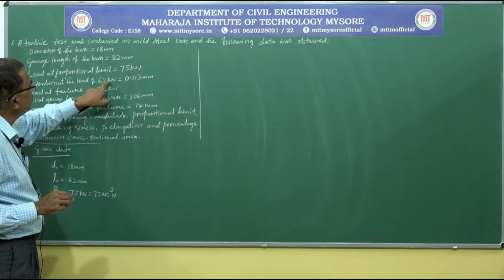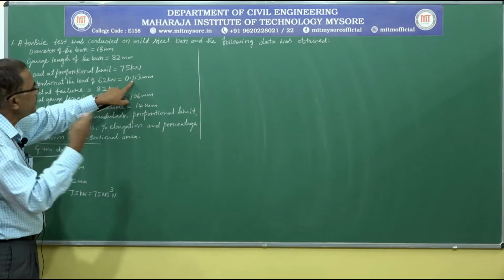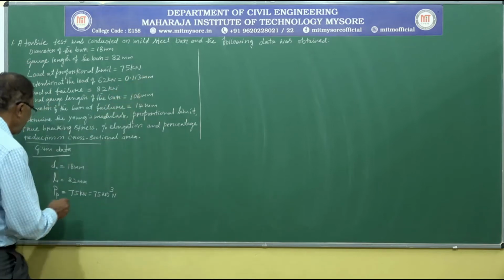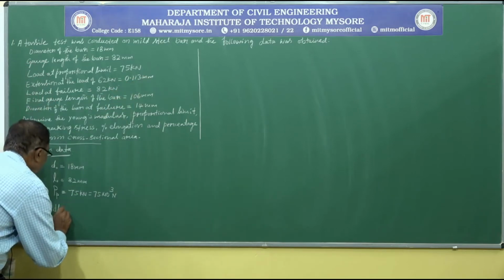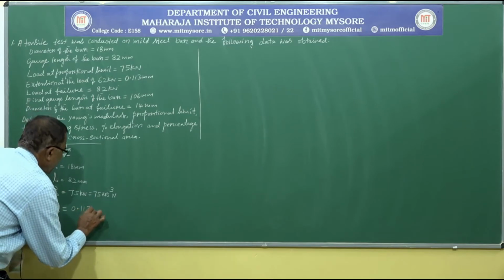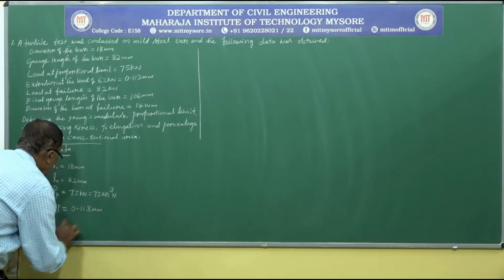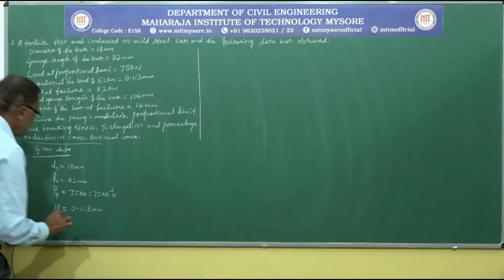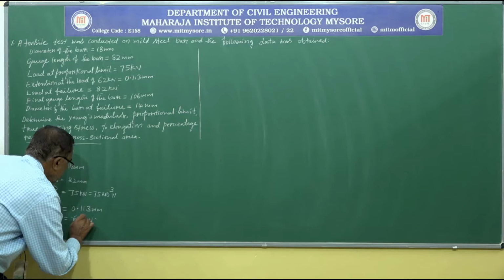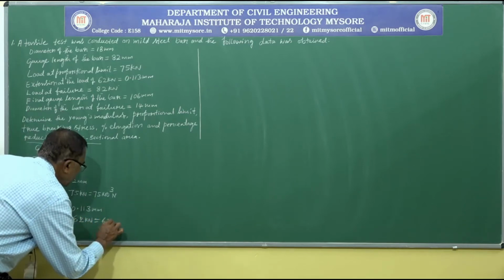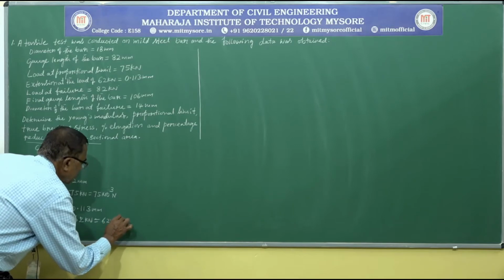Corresponding to this 62 kilonewton load, the extension, meaning change in length, observed is 0.113 millimeter. That is delta L is equal to 0.113 millimeter, and the corresponding load is 62 kilonewton, that is equal to 62 into 10 power 3 Newton.